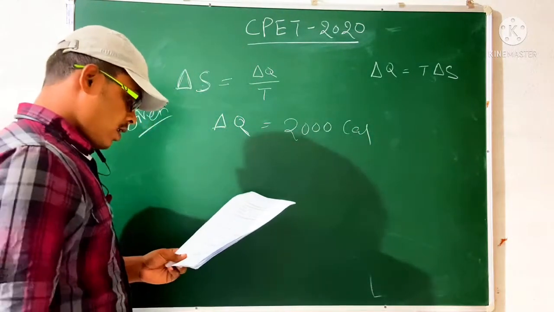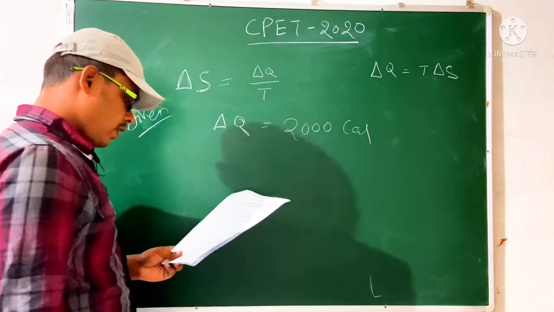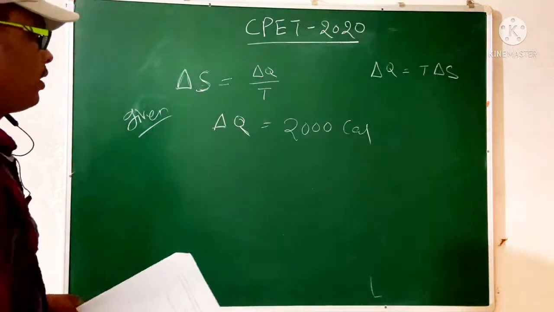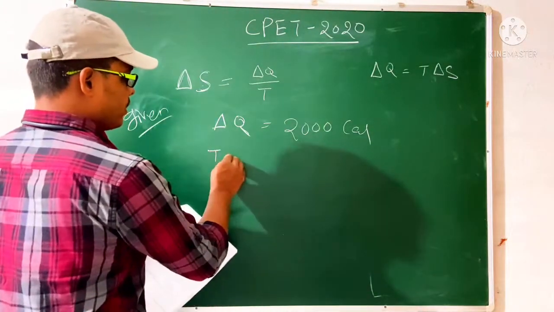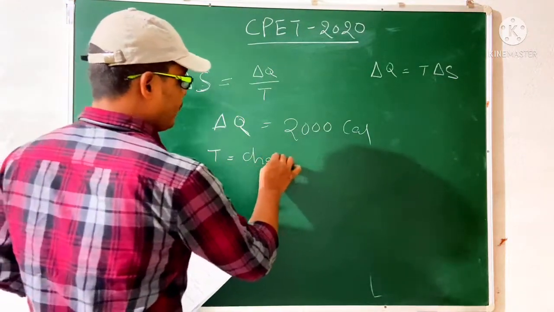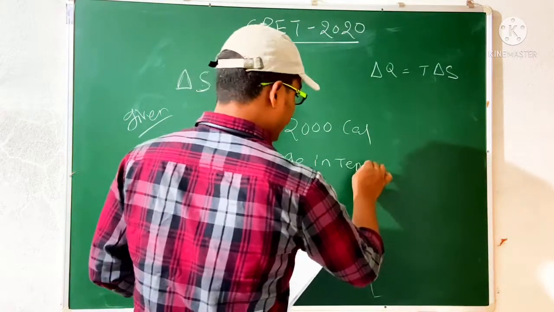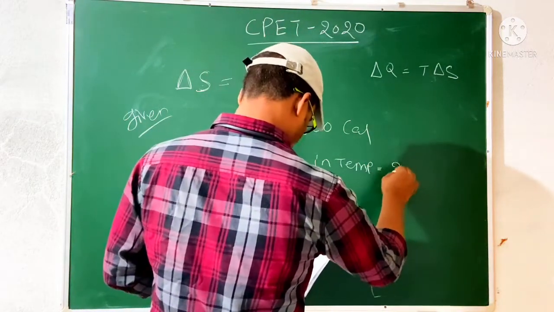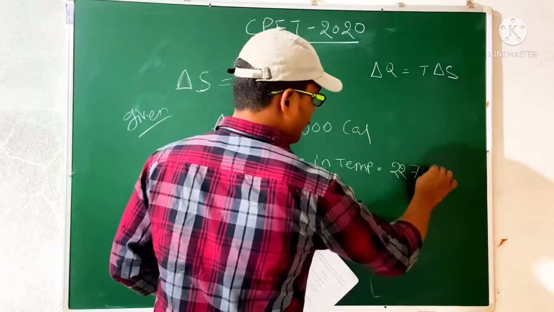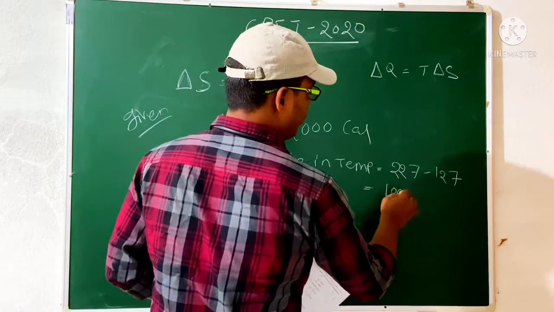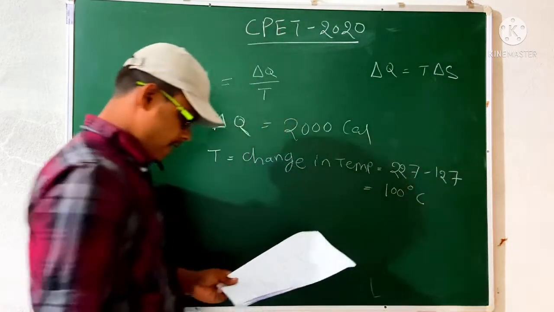Okay. Again the temperature is changing, 127 and 227, right? So what is our T? This is the change in temperature, 227 minus 127. So this is nothing but 100 degrees Celsius, right?